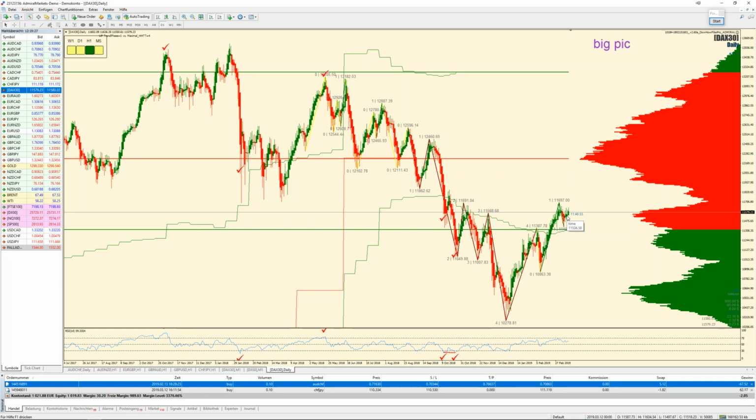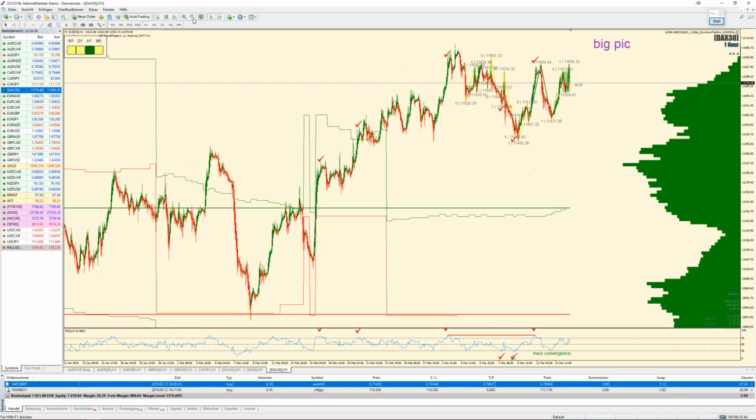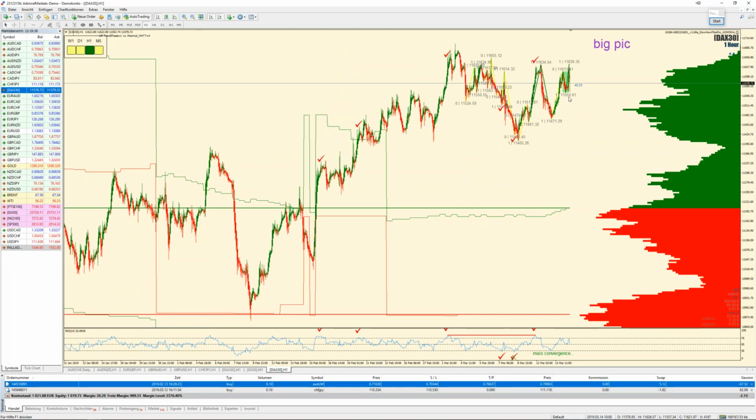The trend is facing upwards and I'm in the red zone. But in the hourly chart, we have a long trend as well, but we are in a green zone. The point of control of the hourly chart is placed at 10,882 points.